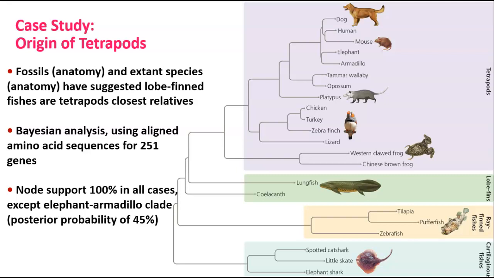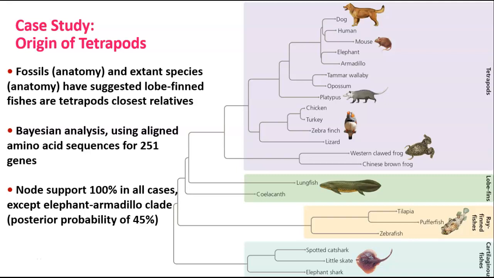And then, of course, we have relationships of various tetrapods, and I can tell you that those relationships are also very consistent with what anatomy tells us. So it's very reassuring when we see a molecular approach in phylogenetics and we see that the results are matching up very well with what more traditional approaches using anatomy have shown us.